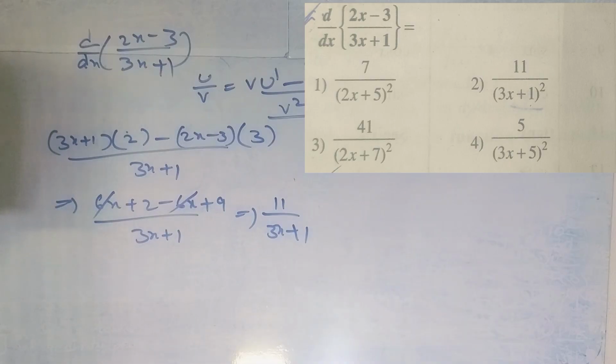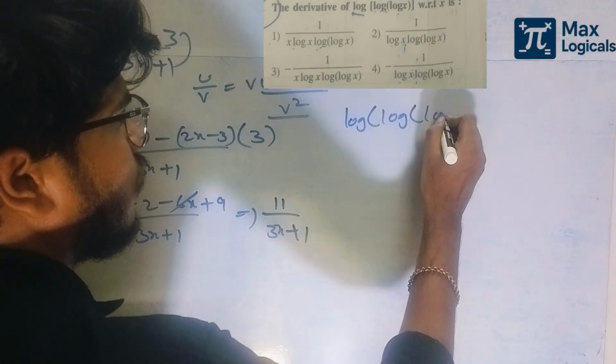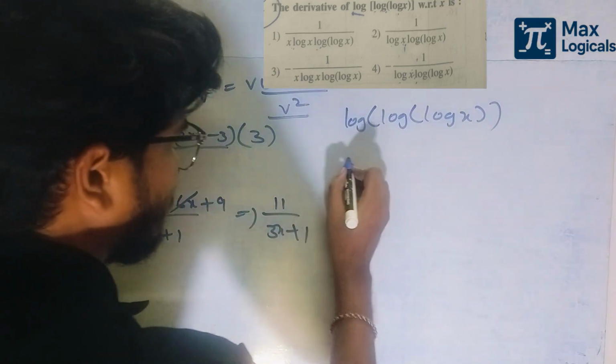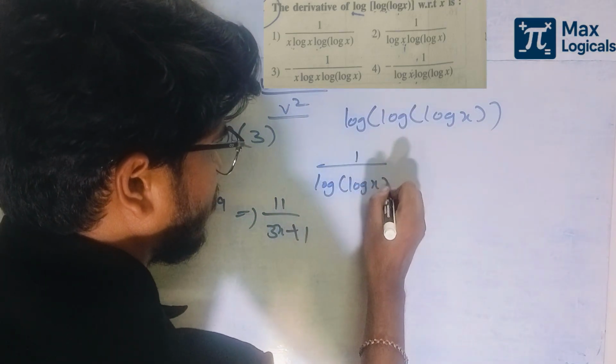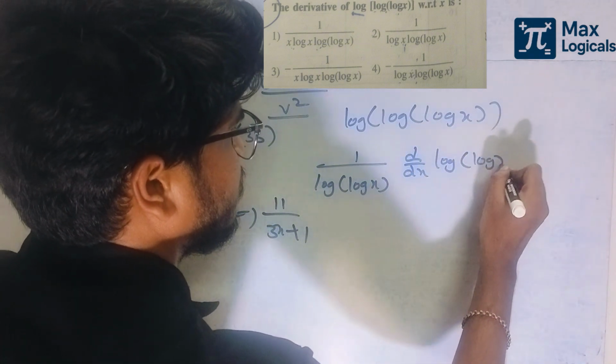The next question is log of log x. We know already the differentiation of log x is 1 by x. That is 1 by log of log x, d by dx of log x.